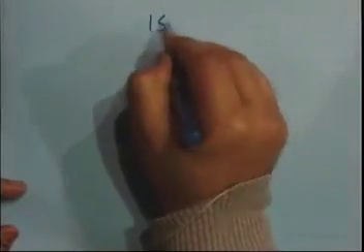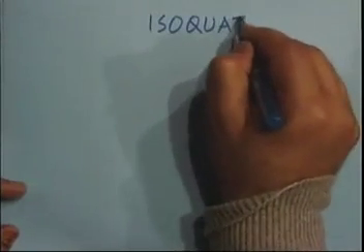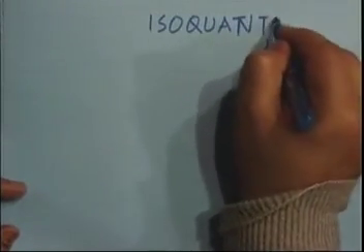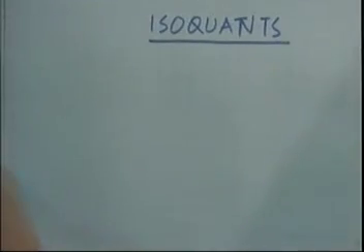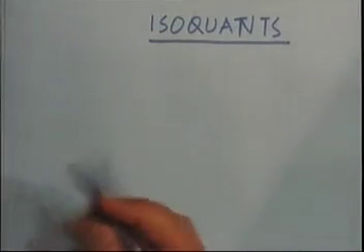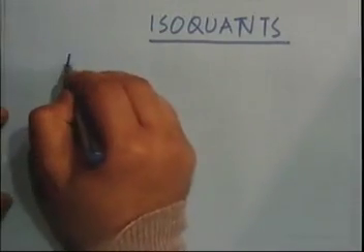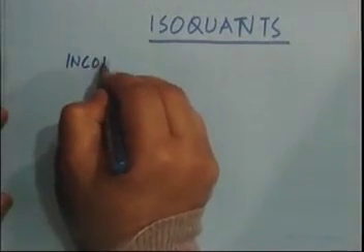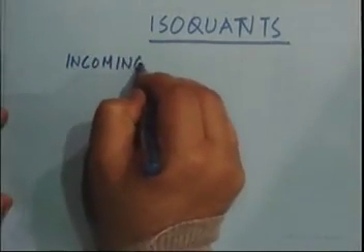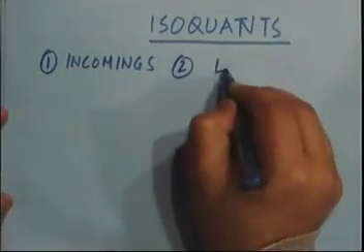This is another way of showing the results of sensitivity analysis involving two variables changes at a time. Again, as in previous case, let's take receipts or incomings versus life. Incomings is one variable and life is another variable.